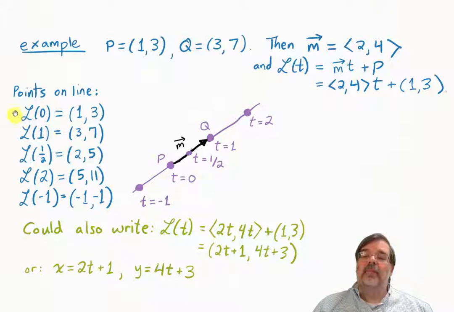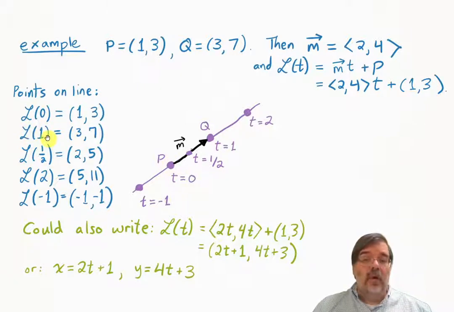To get points on this line, we just plug in values for t. So for example, if we calculate L of 0, put in 0 for t, so you have (2, 4) times 0, that gives you (0, 0), plus (1, 3). (0, 0) plus (1, 3) is (1, 3). Right, so that gives you actually your original point P. It's kind of why we call P the base point.